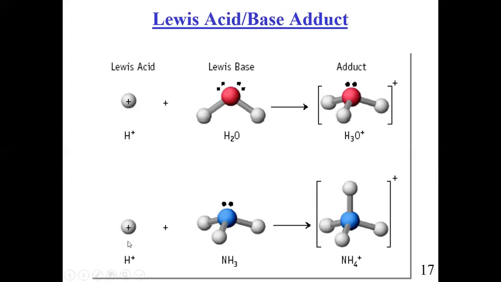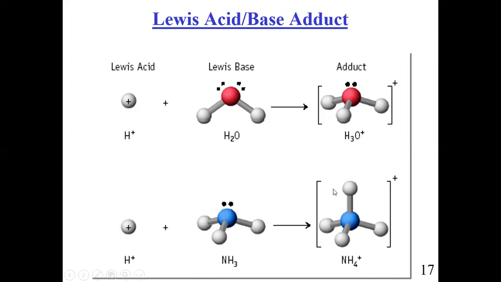What about ammonia with H plus as well? H plus is acting as a Lewis acid, right? H plus is actually quite a good Lewis acid, and the ammonia donates an electron pair to this vacant H plus. Now you all know that H plus doesn't actually exist in solution as H plus, but nonetheless, this is the idea of a Lewis acid-base adduct that is formed.